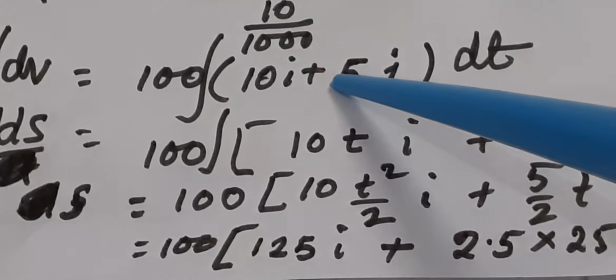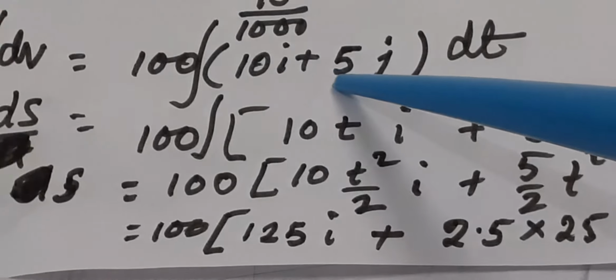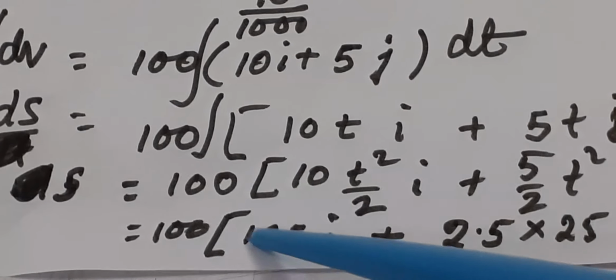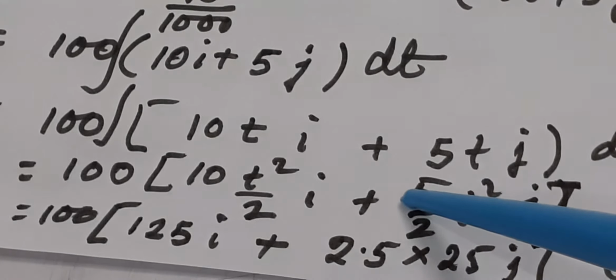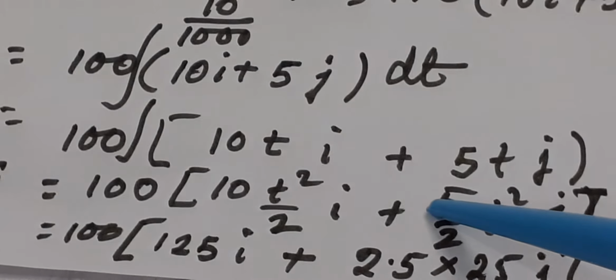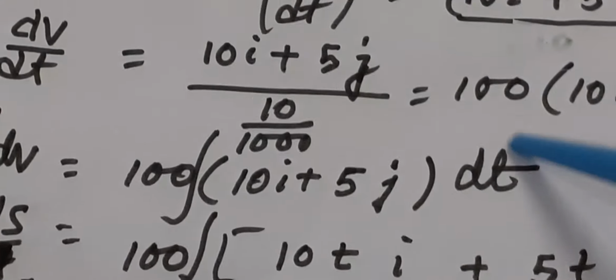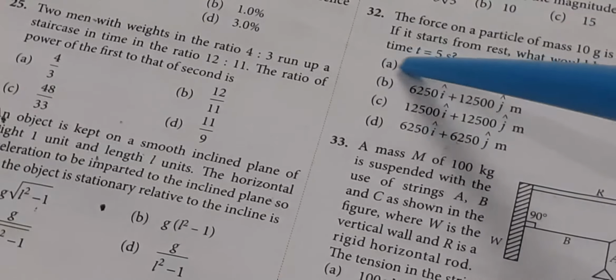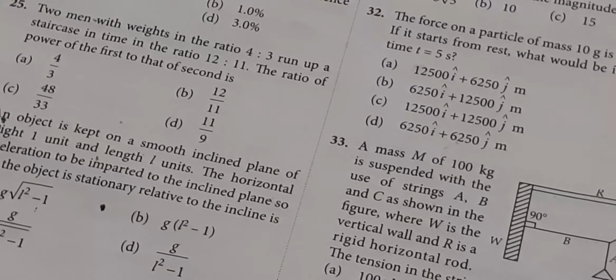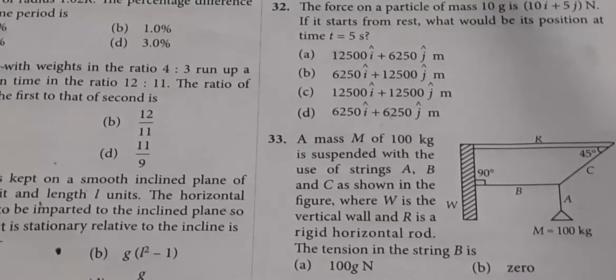After integration, the final expression will be 100 within bracket 125 i cap plus 2.5 into 25 into j cap. Multiplied by 100, you will get the actual expression. I think here A is the correct one. It is a very simple job, so you can do it yourself.